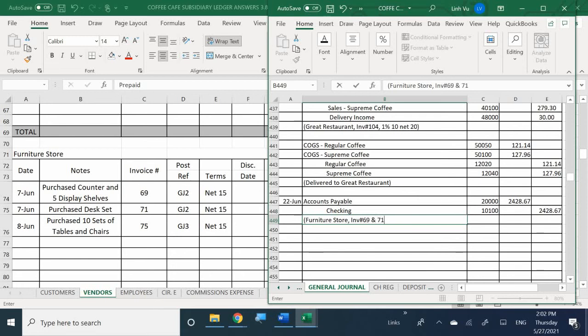And after 1522, I'll put the invoice numbers. Invoice number 69 and invoice 71.